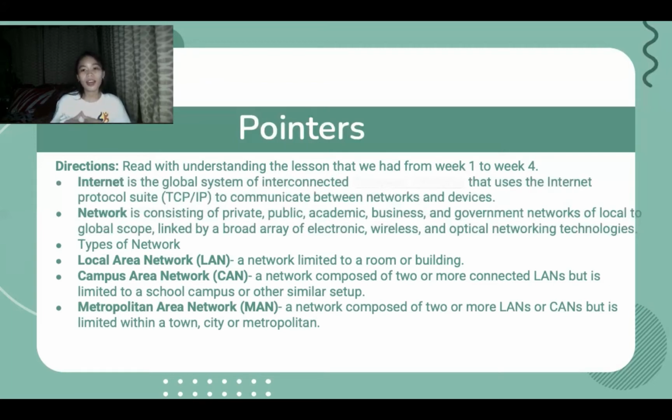What if the City Hall, the police station, and St. Catherine have Wi-Fi or a router? It is composed of 2 main LANs and CANs. So that is called metropolitan, with the signal within Carcar, available within the whole town. So it is called metropolitan area network.